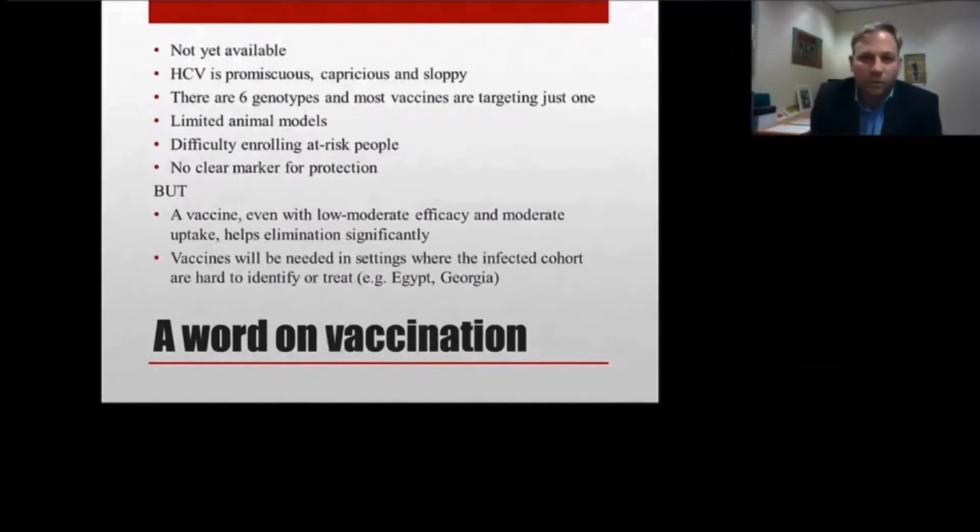Vaccination, we don't have a vaccine yet. The virus mutates a lot, and it's difficult finding a marker for protection, because people produce antibodies but they get reinfected. So that's still a work in progress. But if we can get a vaccine, it can help elimination significantly.